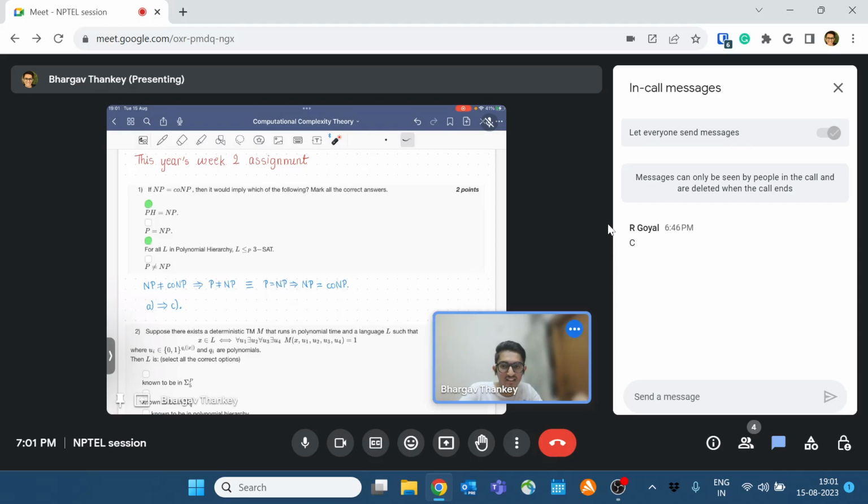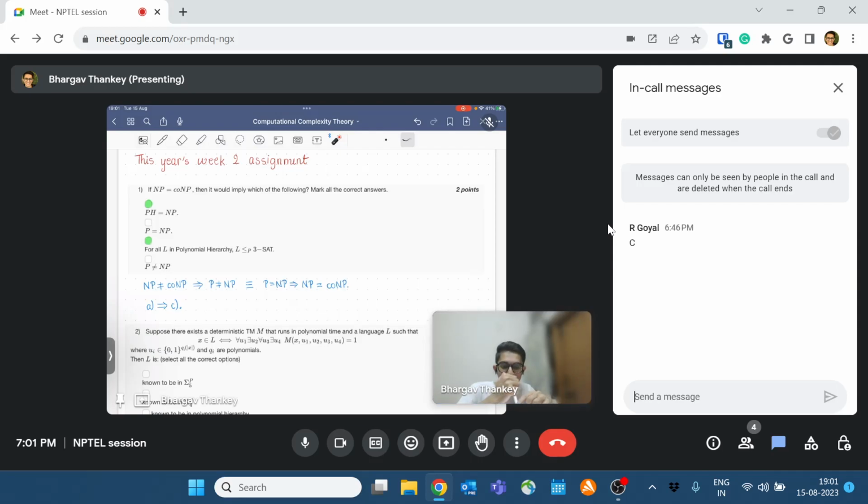Okay, so I should have started with: 3-SAT complement cannot be in NP. If NP is not equal to co-NP, 3-SAT complement cannot be in NP because 3-SAT complement is co-NP-complete, right? Was this clear or should I go over this again?